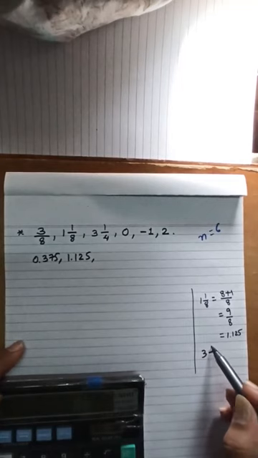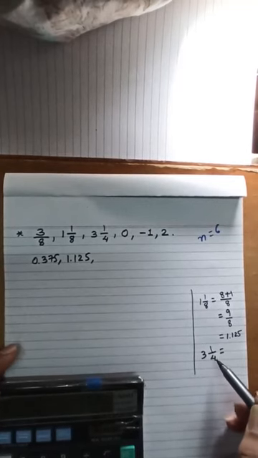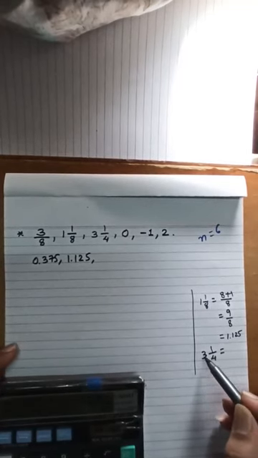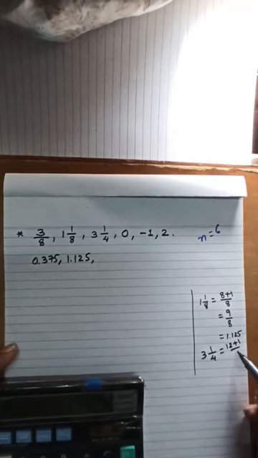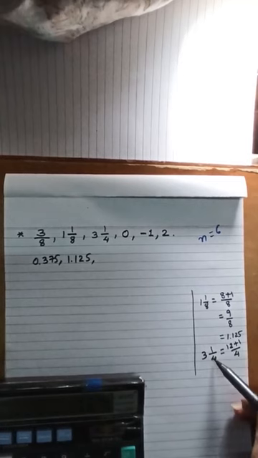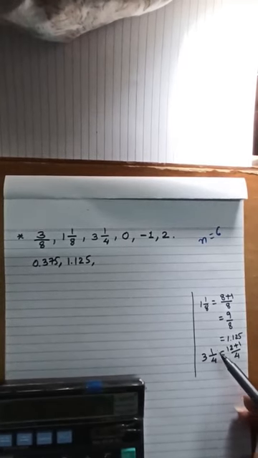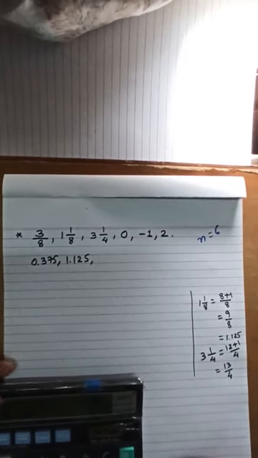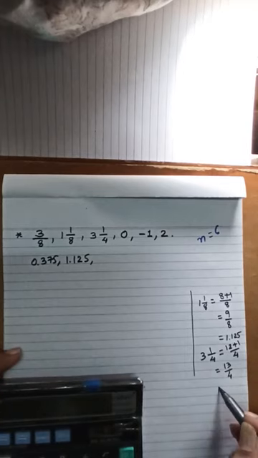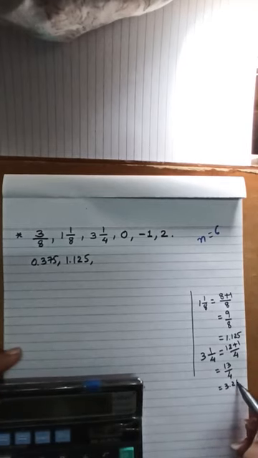Then 3 and 1 by 4. So 3 into 4, 12 plus 1 divided by 4. It is 13 upon 4. And the value of 13 upon 4 is 3.25.